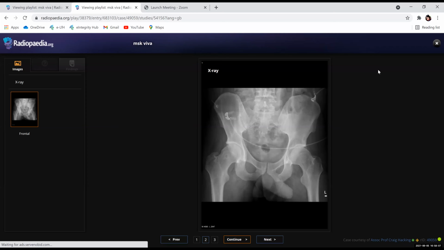I am looking at the sacroiliac joints. There are some minor sclerosis, and I am looking at the pelvis. There is some facet joint arthropathy. I am looking at the femoral heads. There is a lucent lesion with sclerotic borders at the femoral neck region on the right side.